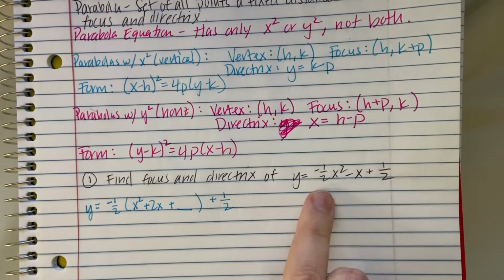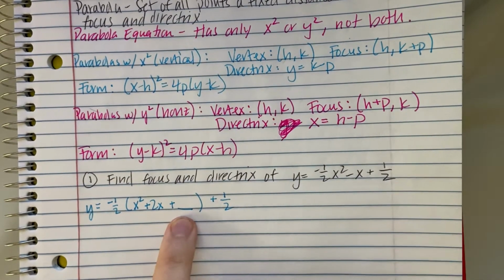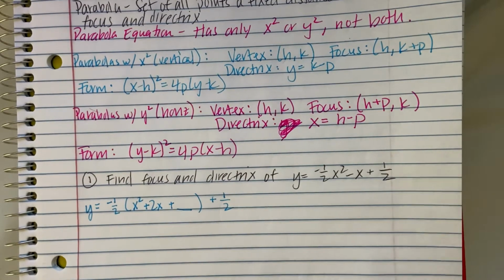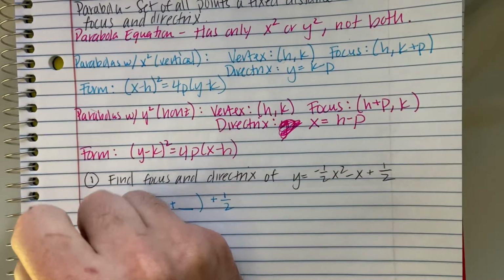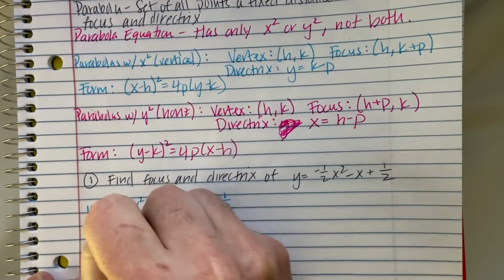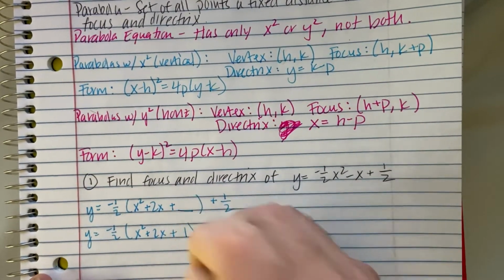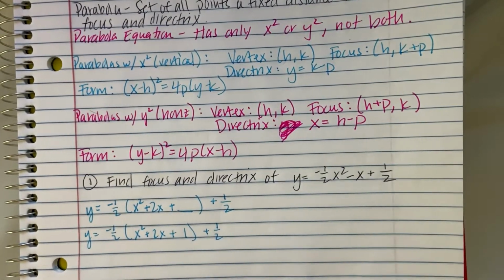Remember, by factoring this out, we have to divide by negative 1/2 to complete what's in the blank. How do I complete the square for x squared plus 2x? It needs to be x squared plus 2x plus 1. Now, what is this plus 1 really?